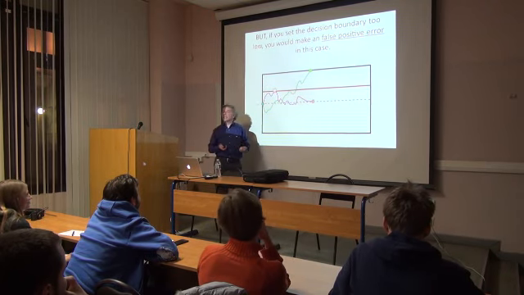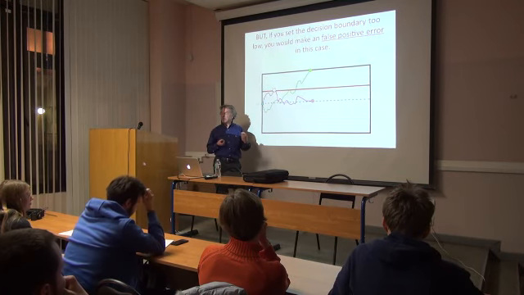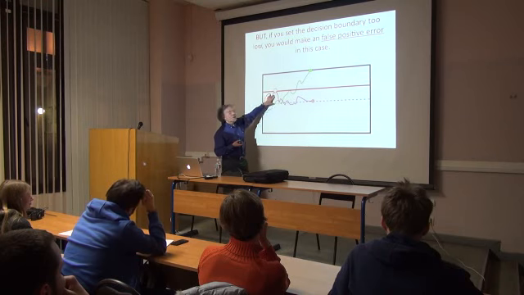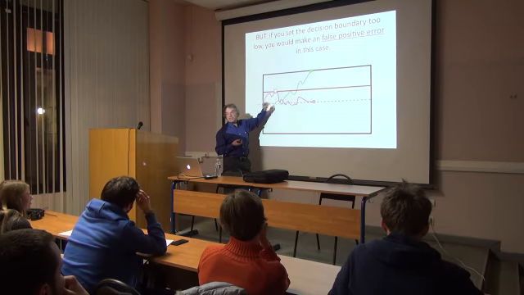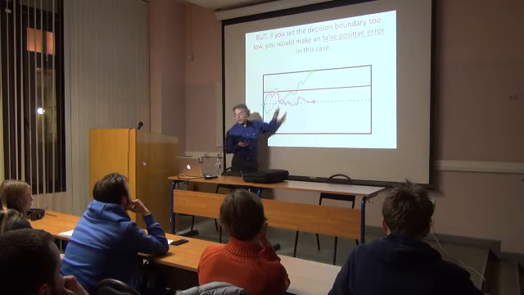So the idea is that for every item in your memory set, you launch another diffuser. If you've got 16 items in memory, there are 16 of these things going on.